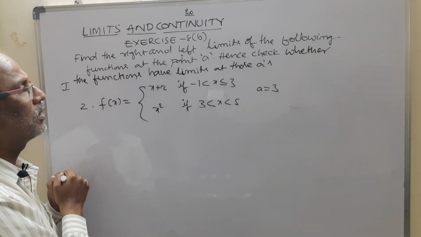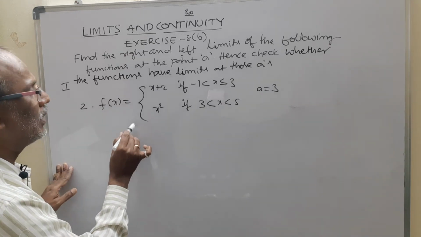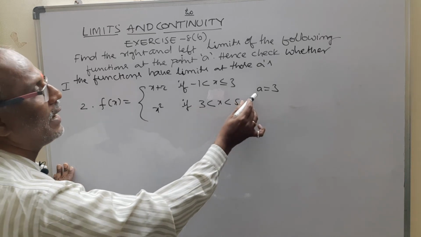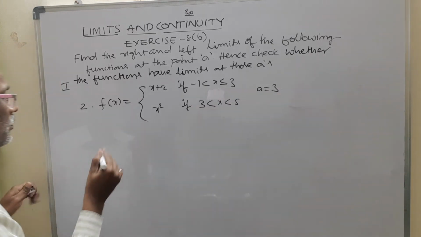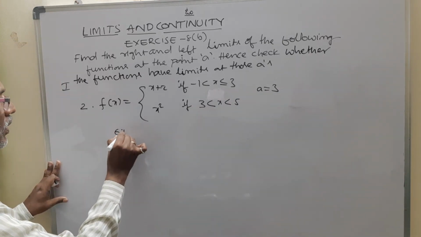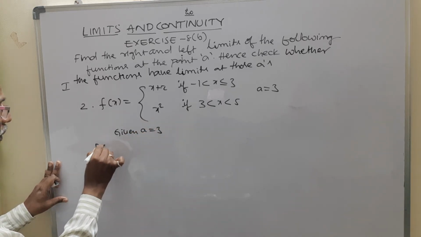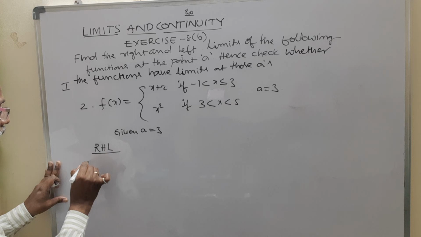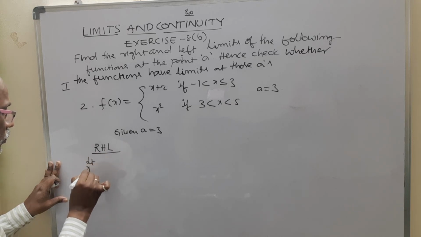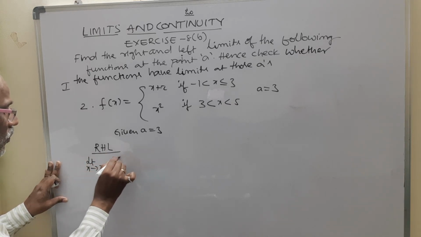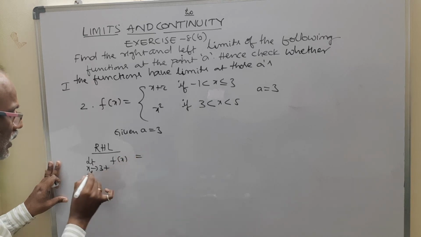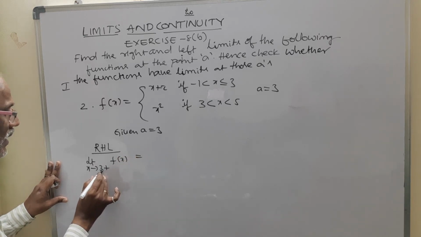Here in this question, to find the right hand limit and left hand limit at a is equal to 3. Given a equal to 3, right hand limit: limit x tends to 3 plus f of x. Limit x tends to 3 plus means x greater than 3.